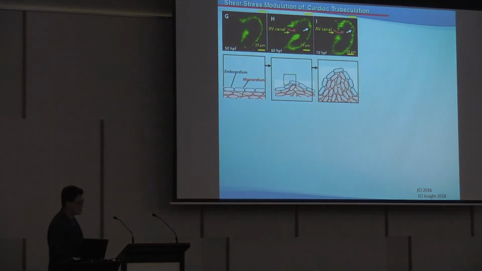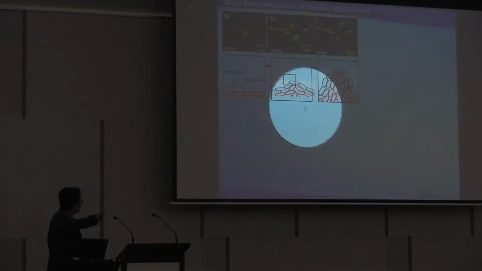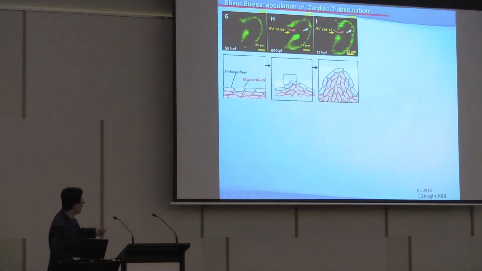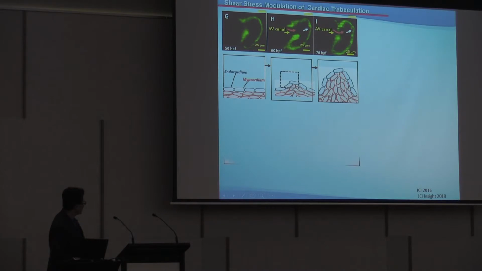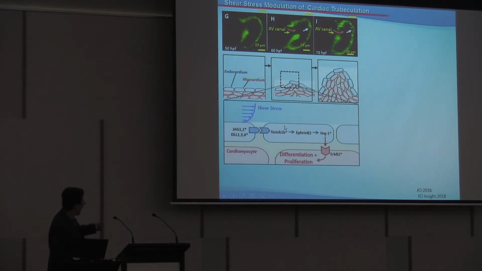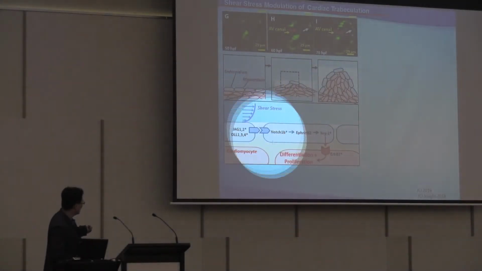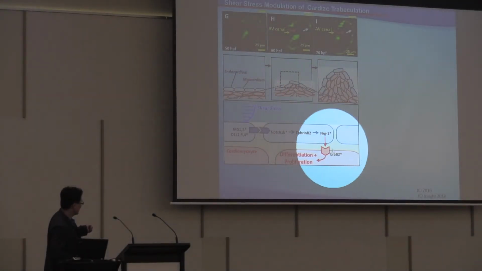So this provides the basis to test the hypothesis that shear forces over time are implicated in this trabecular formation by way of these Notch-mediated signal pathways, especially people talk about JAK2 and Notch1b leading to upregulation of ERBB2.